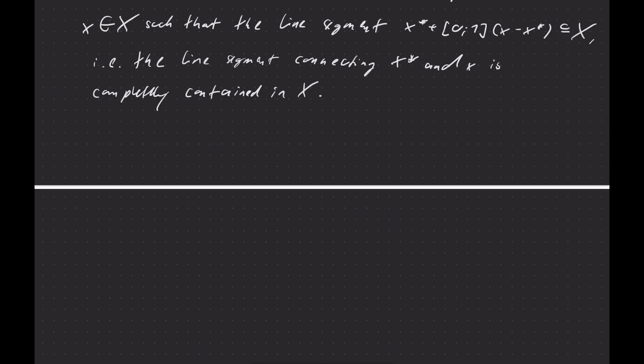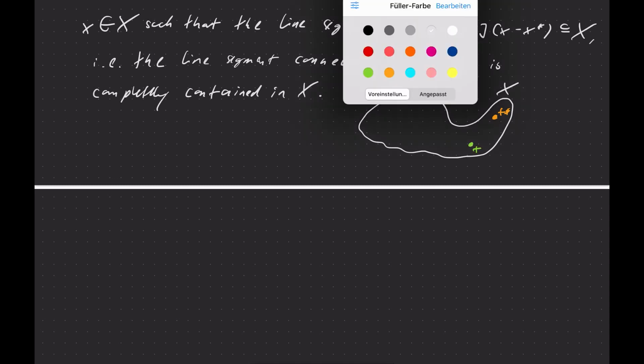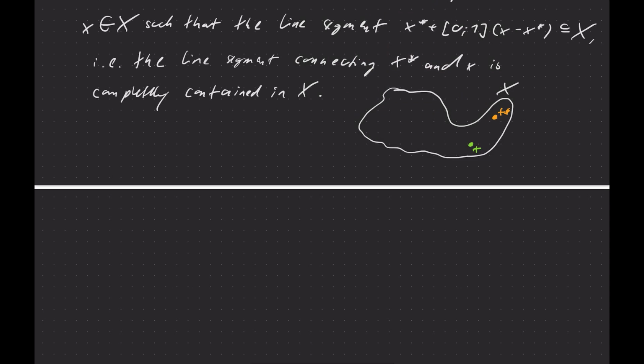Okay, so how does that look? Let's say this here is your set X. Say the boundary is not included, so that's an open set. You have a point x star that may be here. You have a point x somewhere, for example, it could be here. And then, of course, the line segment between x star and x is this one. That's the line segment that we're talking about.